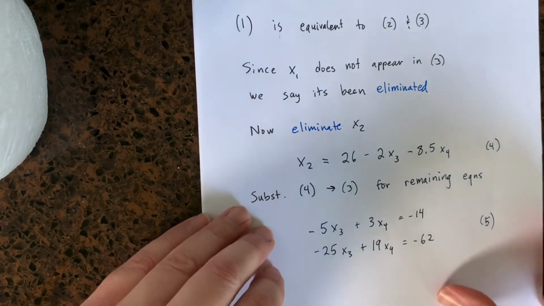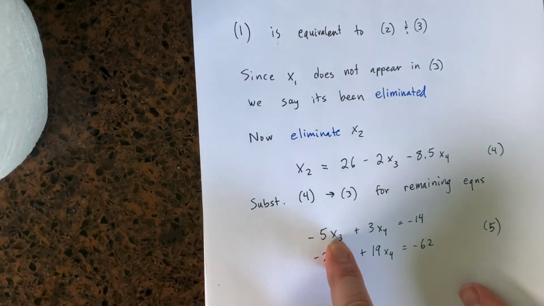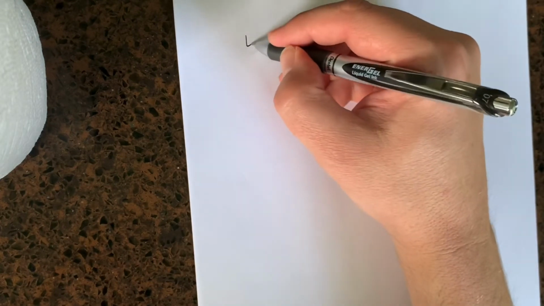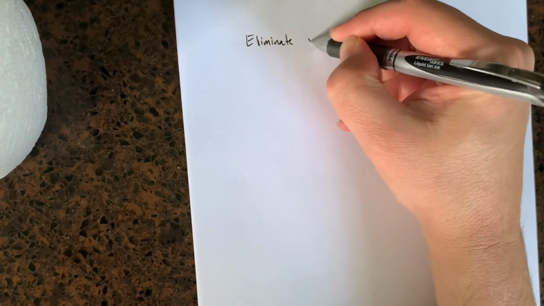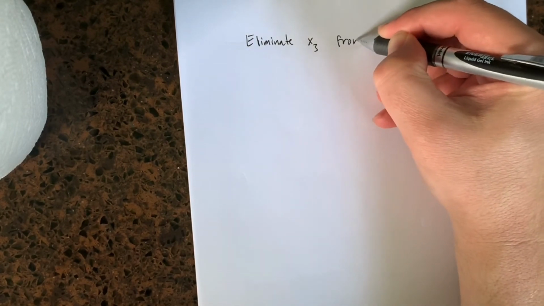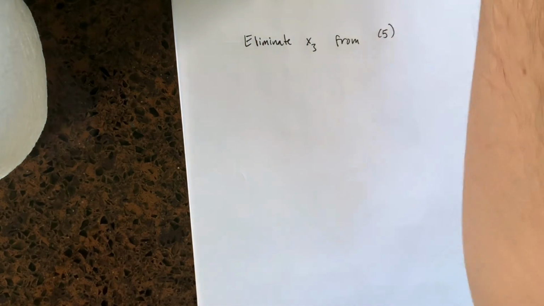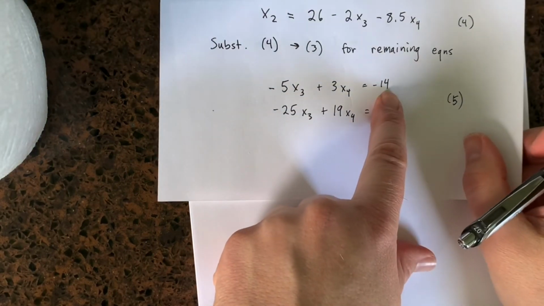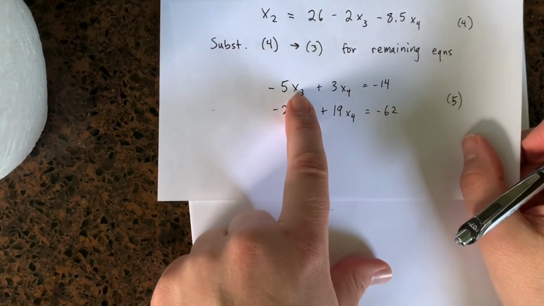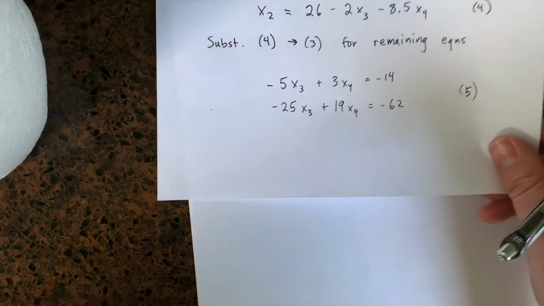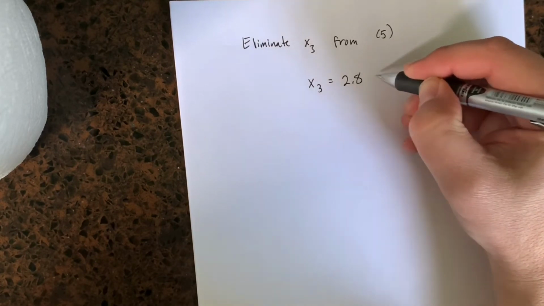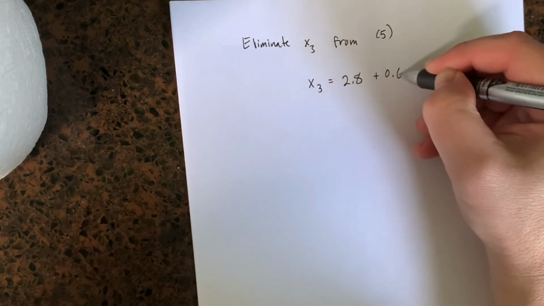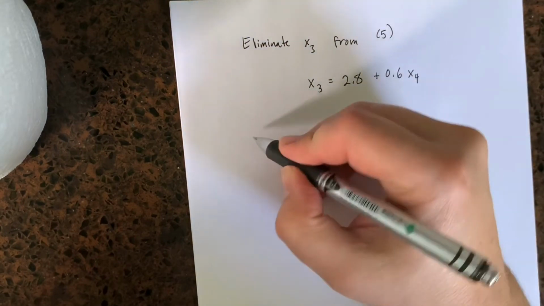All right, down to the home stretch. Now we eliminate x3. So bring everything over to the right-hand side, divide by minus 5. x3 equals 2.8 plus 0.6x4.